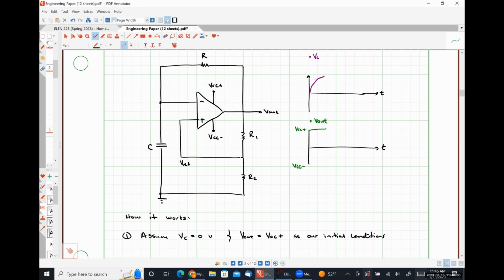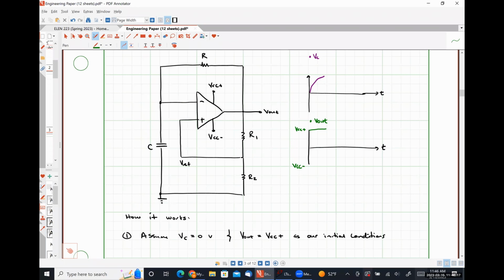So what's another consequence of this voltage being positive power supply? Well, our reference voltage is going to be a positive number because we have a simple voltage divider circuit here, effectively.